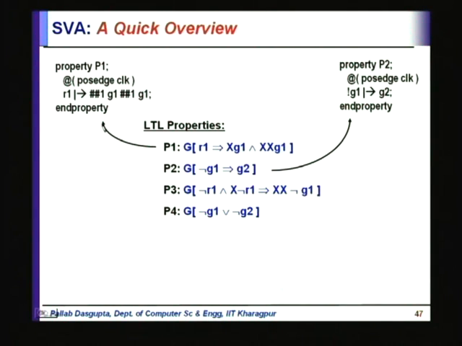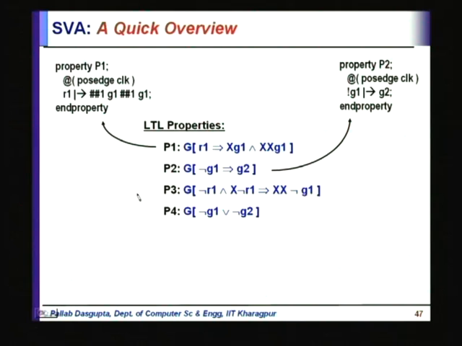This one says in the same vein that at posedge clock not G1 implies G2, right. So, in this implication you see that if I just keep the implication, it means implication in the same cycle, unlike here where we had hash 1 which indicated that it is one cycle after this, right.